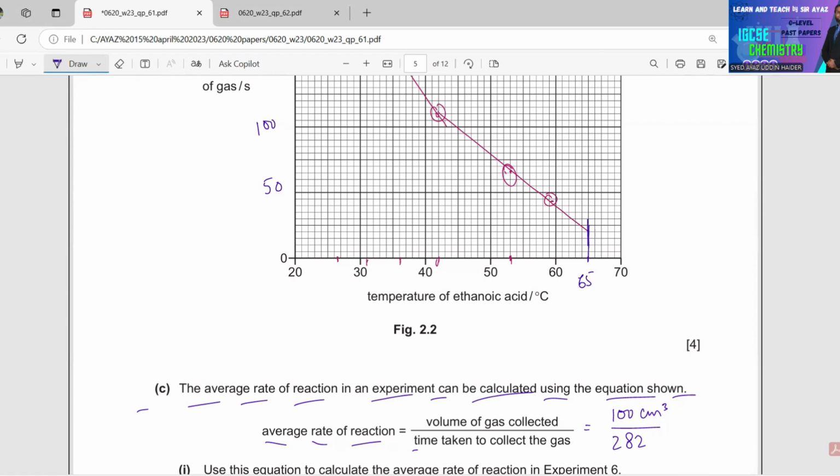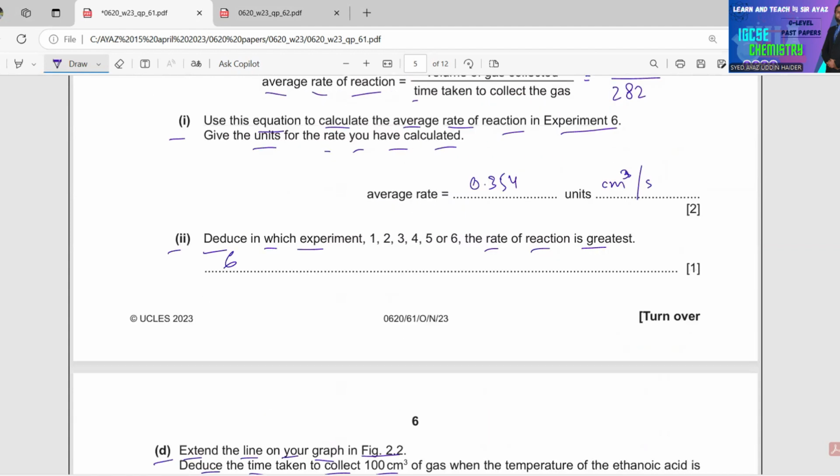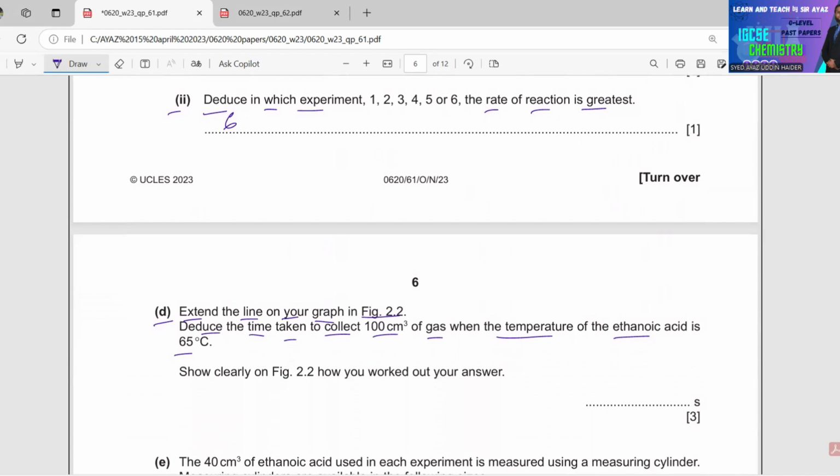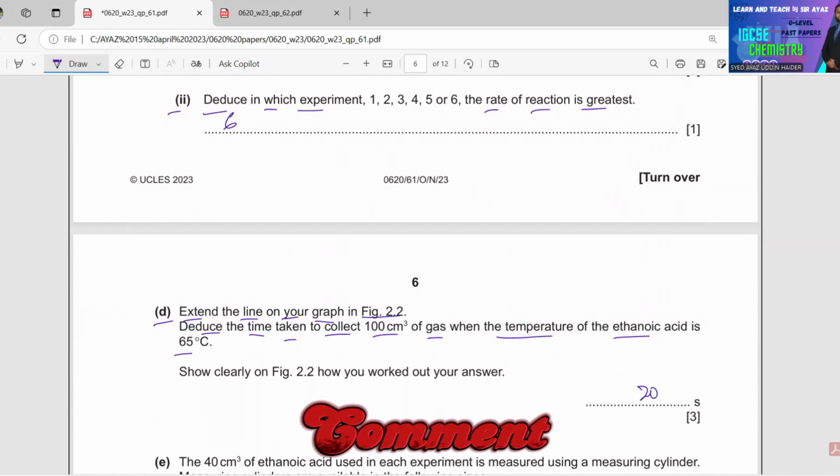If you extend it, the time must be 20 seconds.